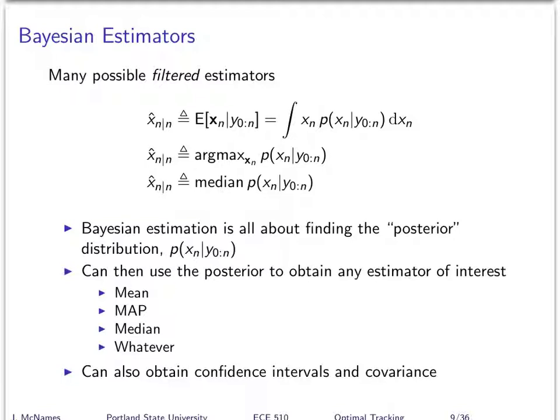I encourage you to think about this, because with particle filters we have an approximation of the posterior distribution itself, and you're no longer limited to only calculating the mean. There are other things you should think about when working with particle filters, especially with highly nonlinear dynamics that can generate multimodal posteriors.